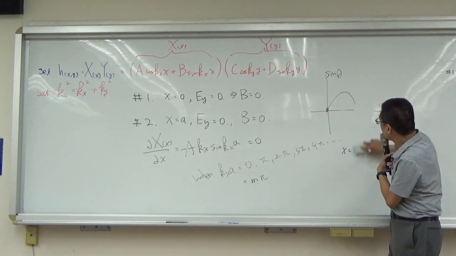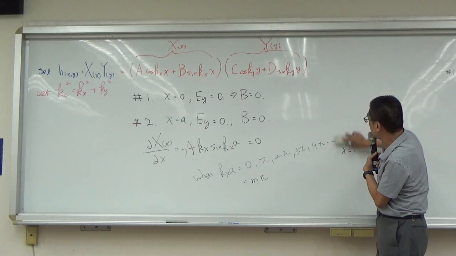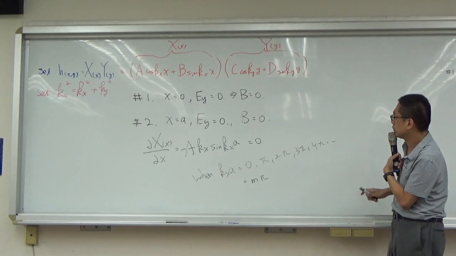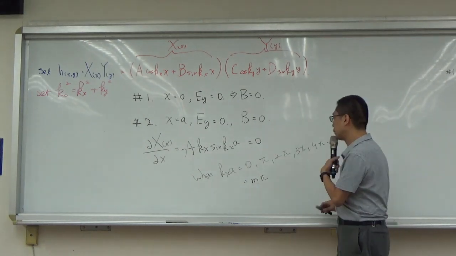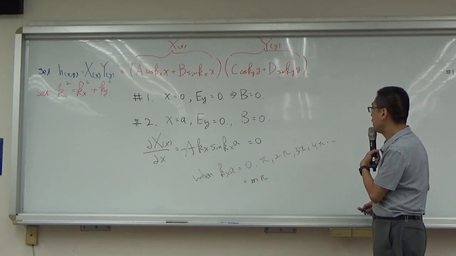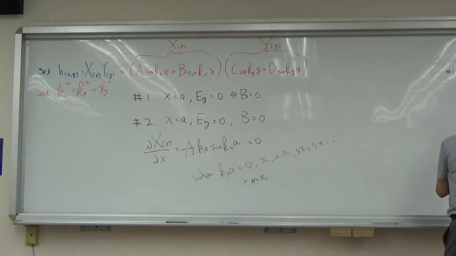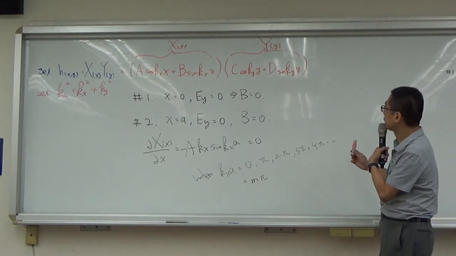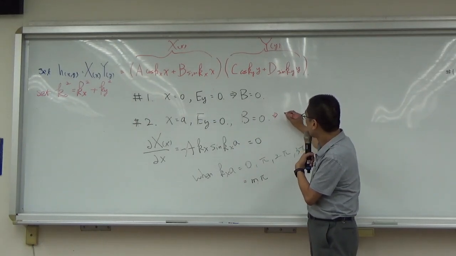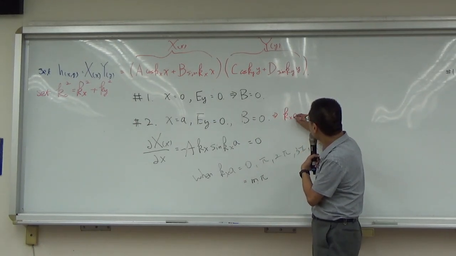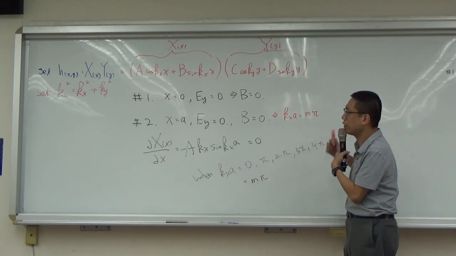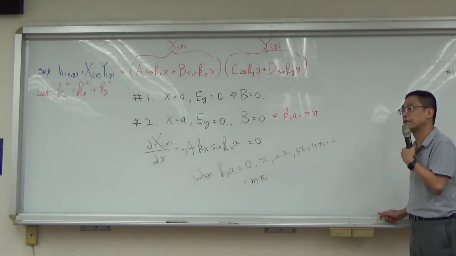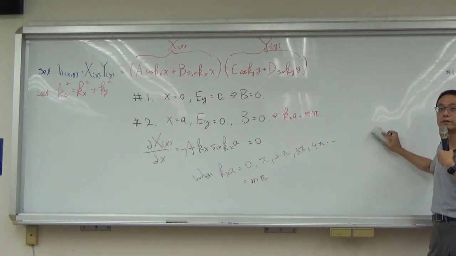So, Kx a equals to m pi. Kx a equals to some number multiplied by pi. Okay.